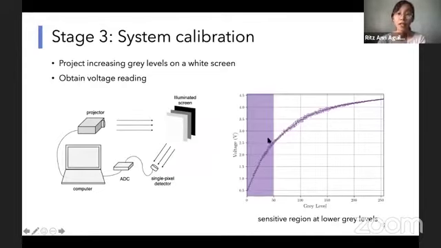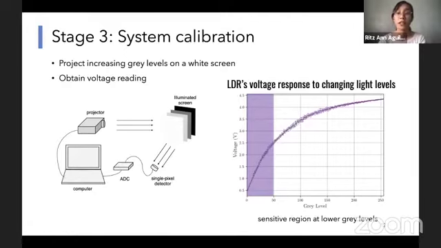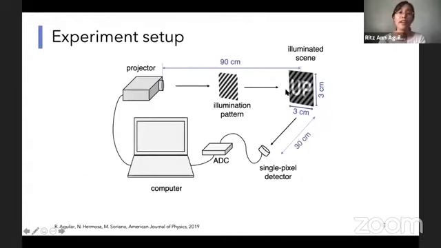And this plot tells us that it's best to image at low light levels, because this region is the most linear, and therefore the most sensitive. This can also be an advantage, because even if you have a dark environment, the LDR is still able to capture the signal with a relatively high signal to noise ratio. So again, this is the LDR's voltage response to changing light levels.